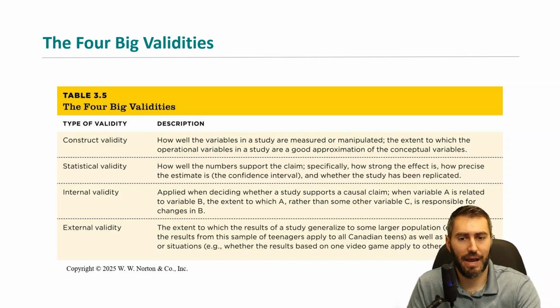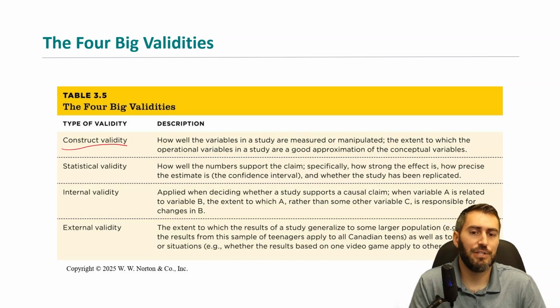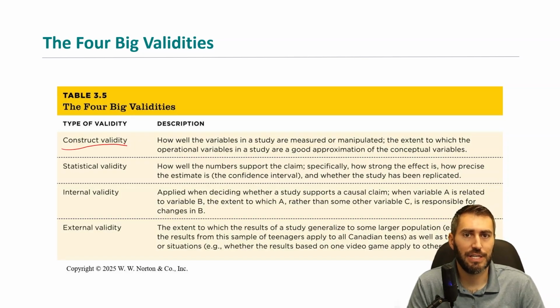And so the first one we have is what's called construct validity. Construct validity is really just the idea. We talked about how variables start as constructs, right? The overarching idea. So this is looking at how well does our variable, does our operationalization actually assess, actually measure our construct?